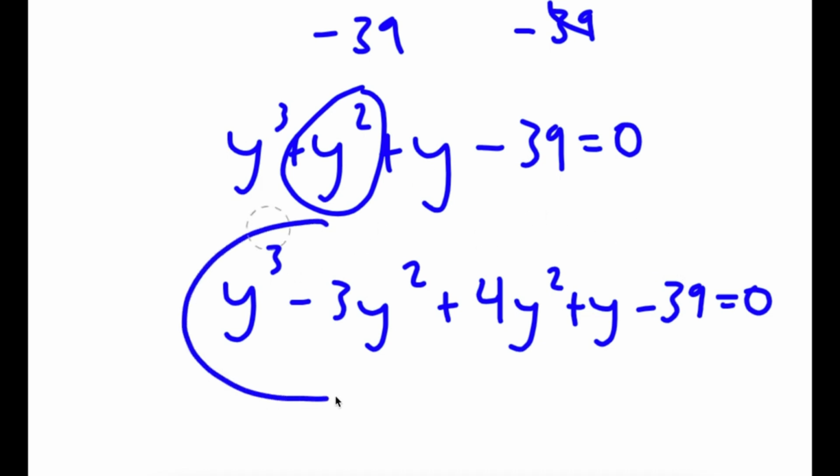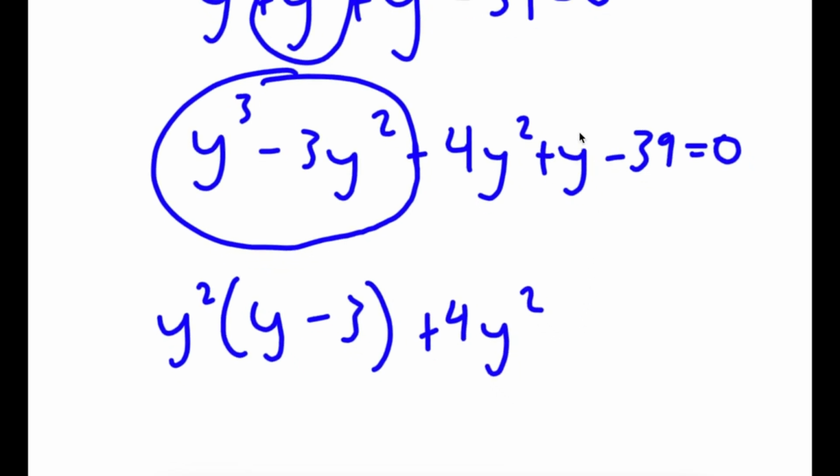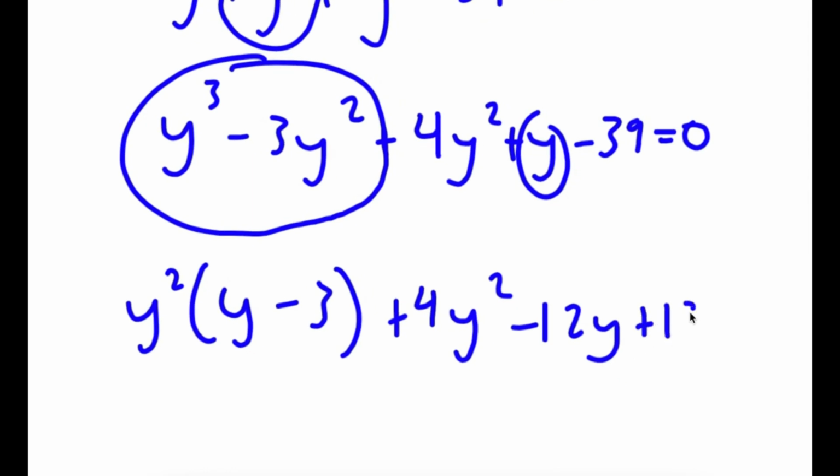Now from y to the power of 3 minus 3y squared, I can factor out y squared. So I have y squared times y minus 3. So now I'm going to add 4y squared, and I'm going to rewrite y here as negative 12y plus 13y.